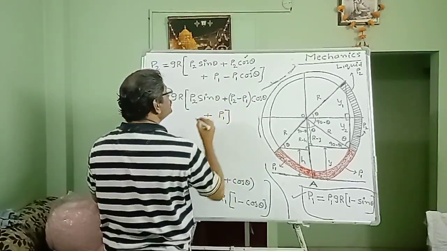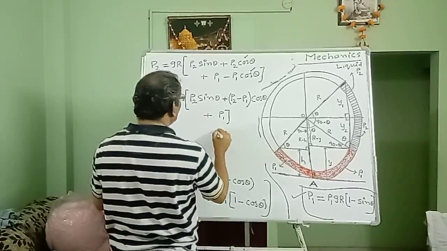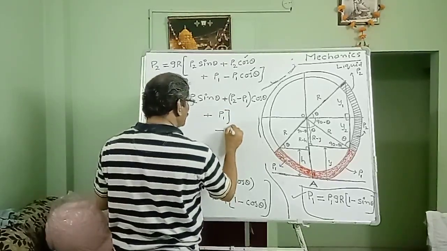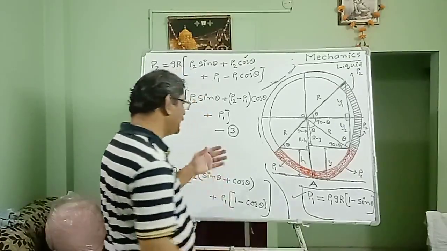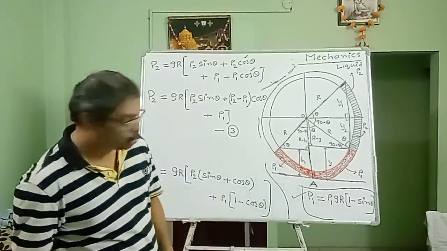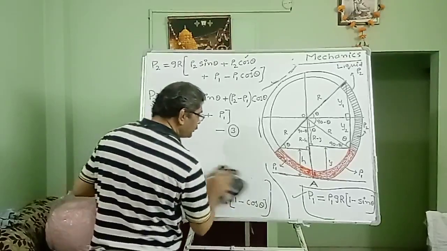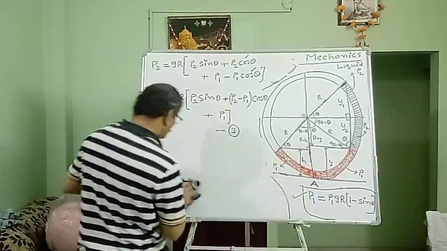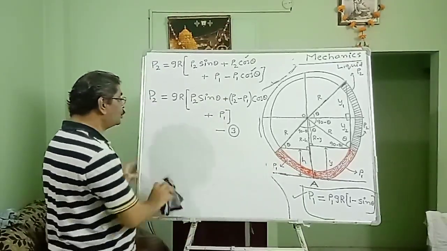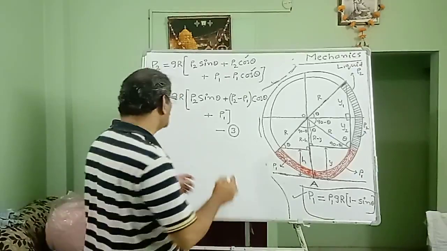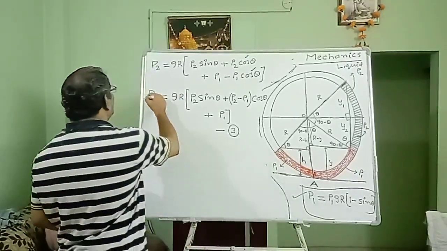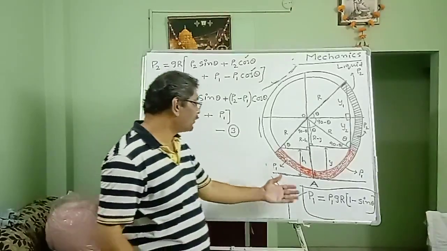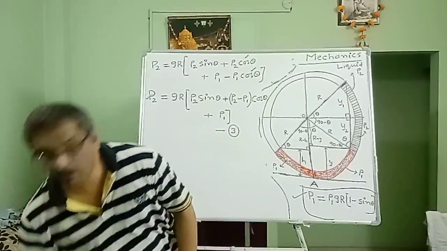plus, so I am getting rho 2 sin theta plus rho 2 minus rho 1 cos theta plus rho 1. So let us say this will be our equation number 3. So now very simple, we got the value of P2 and we also got the value of P1.